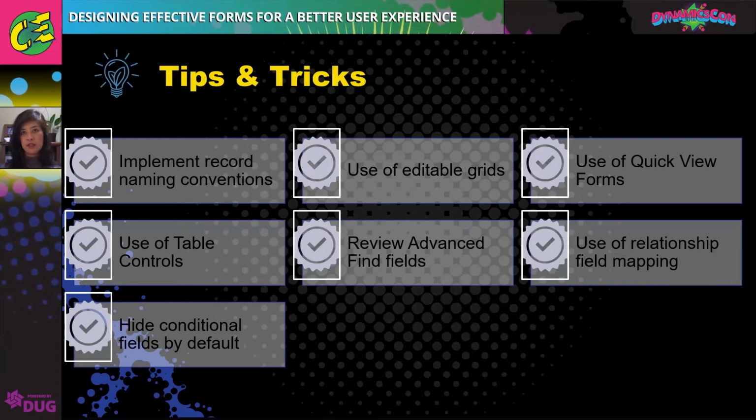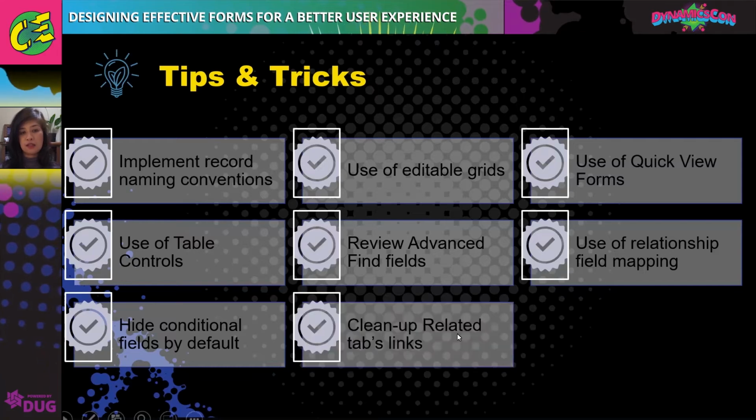The reason being, if you don't hide it by default, when the form is loaded, the field is loaded as well, and you'd see that flicker when the business rules kick in and then hide the field. So you see that split of a second, you see the field and then it disappears. So if you want to avoid that, then hide the field by default.